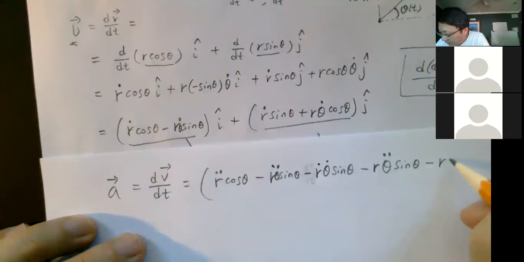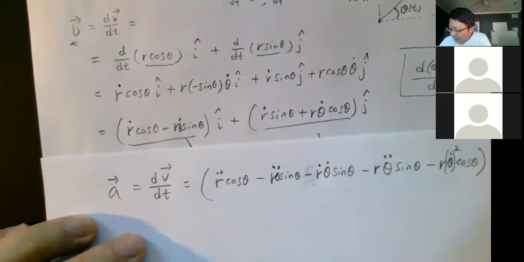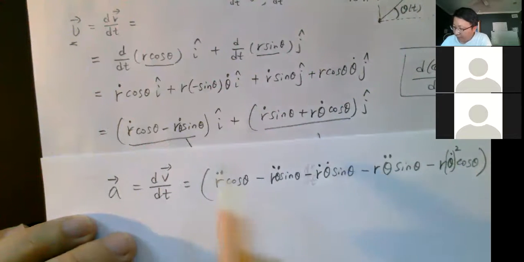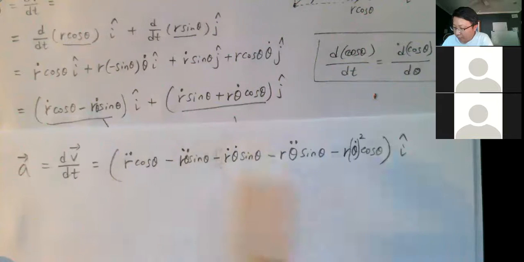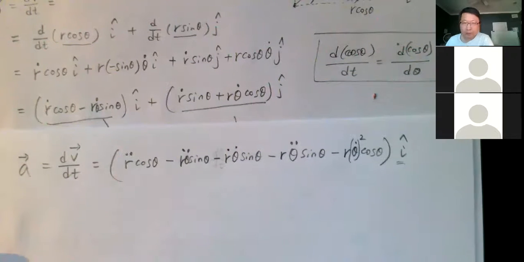This one doesn't change, this one doesn't change. Cosine theta d theta dt. D theta dt is here, so this one is squared. So this is the whole thing complete for everything in the x direction.